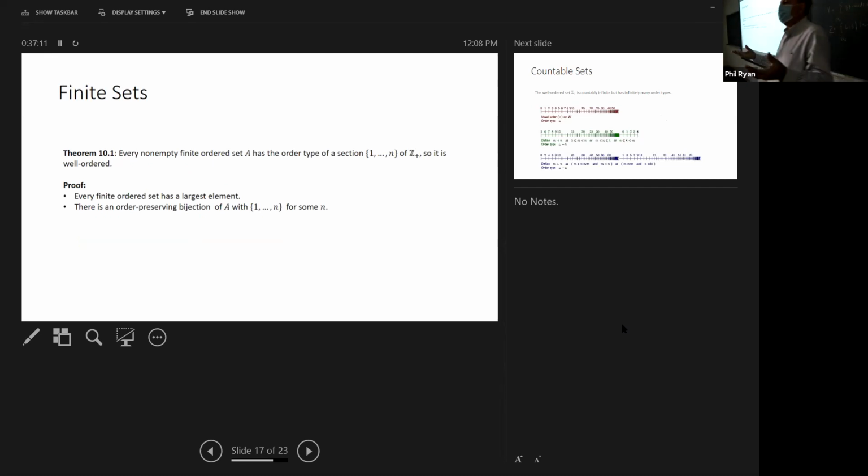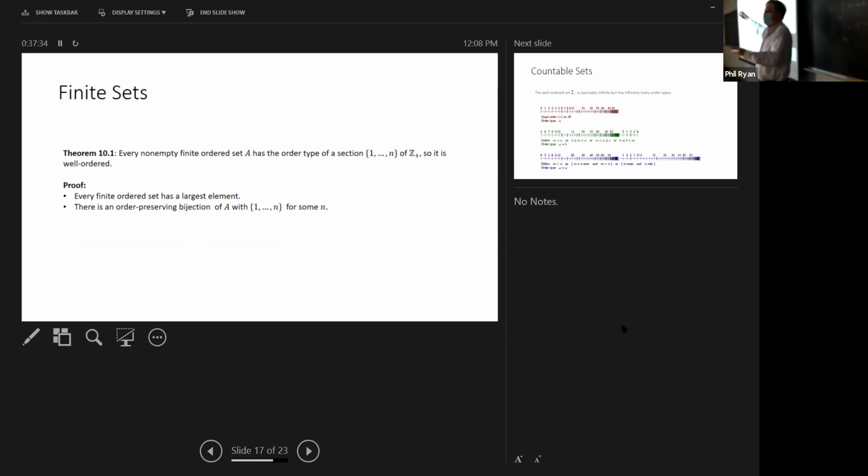Well, you just use induction, right? So if A has only one element, we're done. Okay, assume that it's true for subsets of size n minus 1. Then if you take your A, you just remove the largest element.